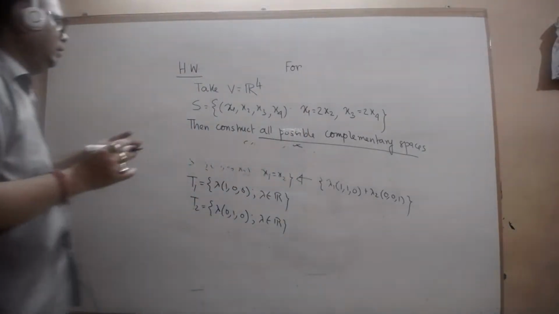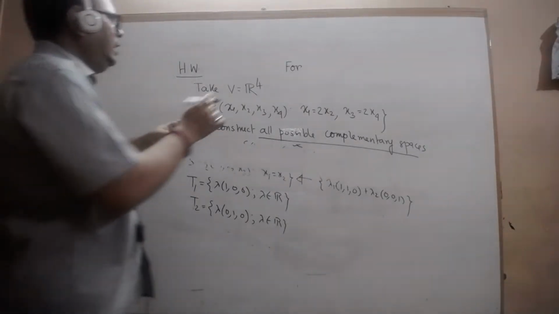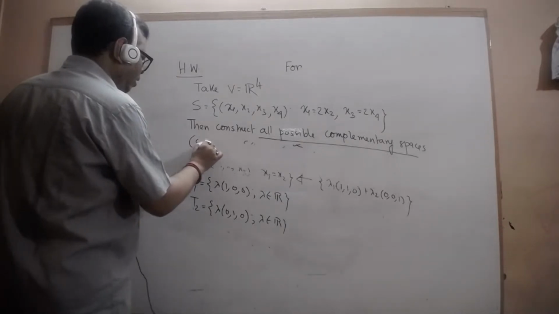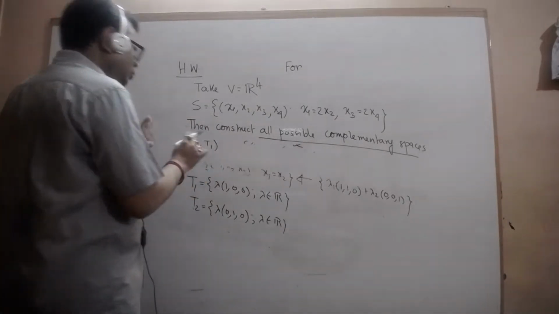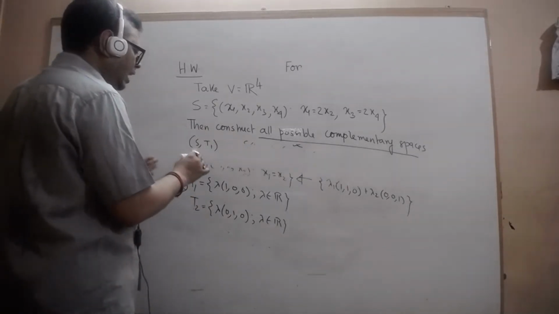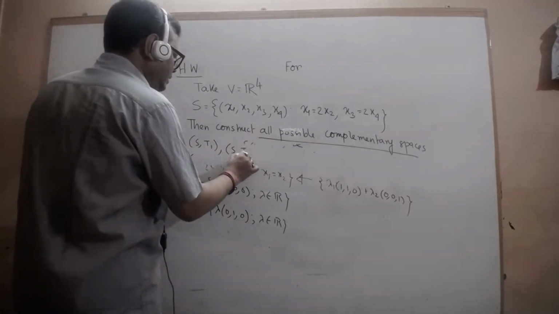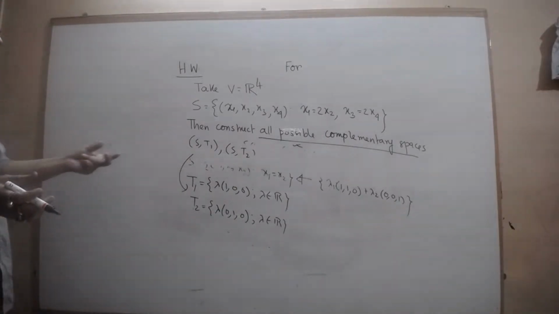Next, for given S, suppose you construct Ti's, two Ti's for this example when your V is R cube, then S with T1 and S with T2, these two possible ways.